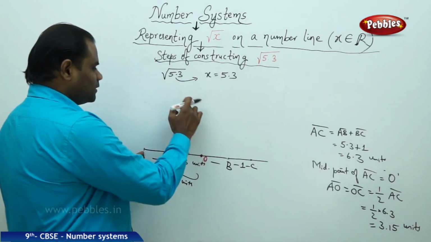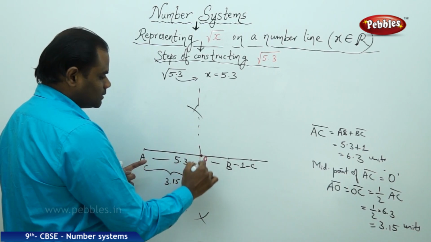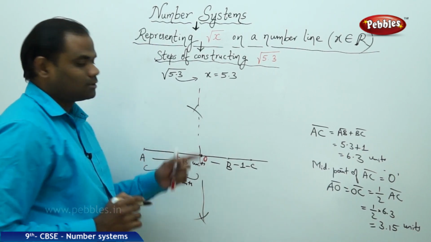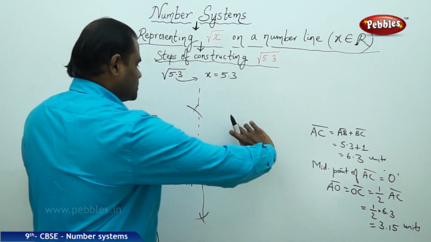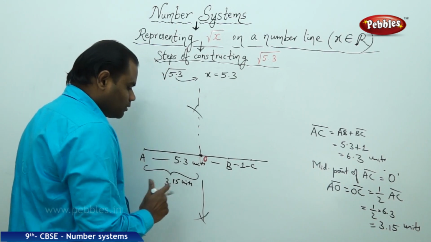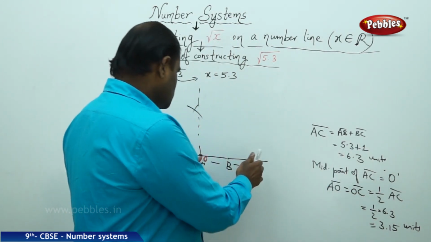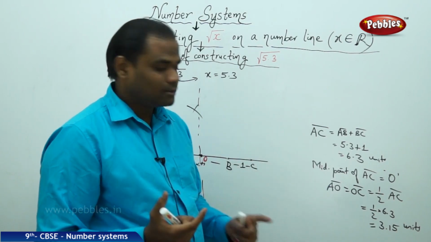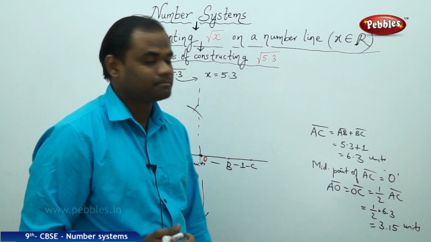Take more than half, fix at A and C and cut arcs, and we get the midpoint for the line AC. Once we get the midpoint O, the distance AO is equal to OC, the radii, which is 3.15 units.